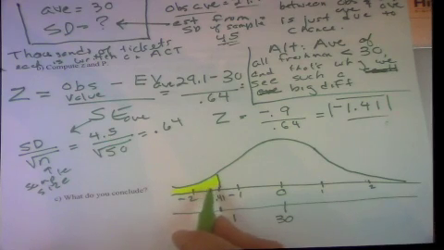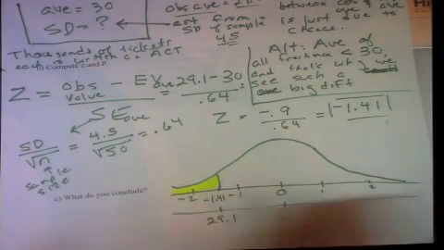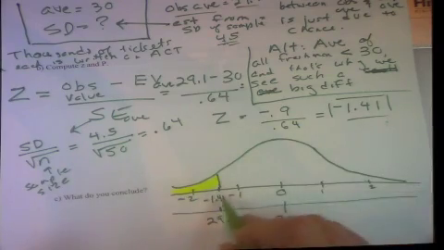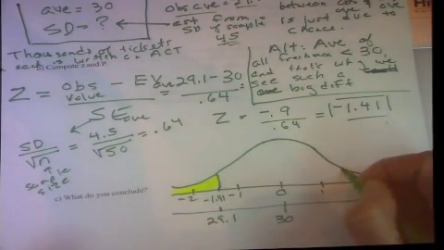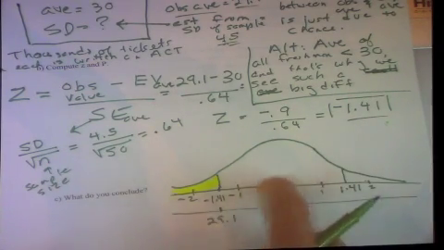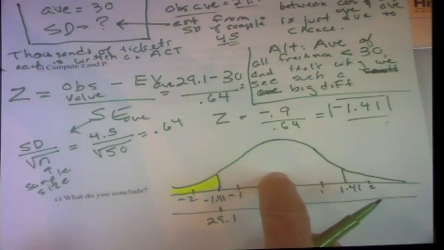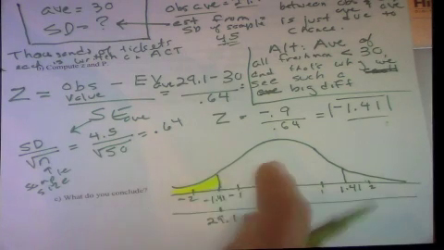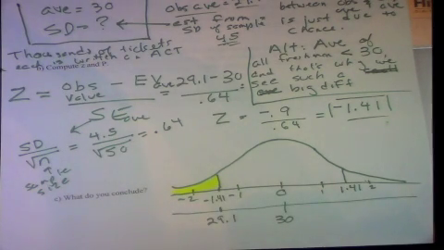And so we should find out that area, and the way we can do that is we look on our table and we see between negative 1.41 and 1.41, right in here, that's what the table will give us. Hold on, let me see if I have a table with me.